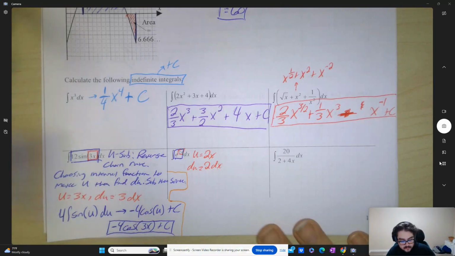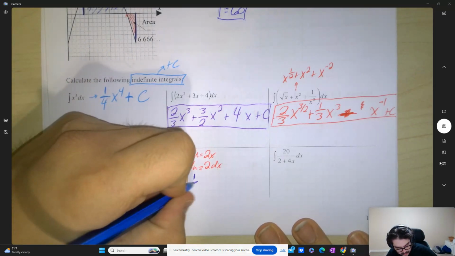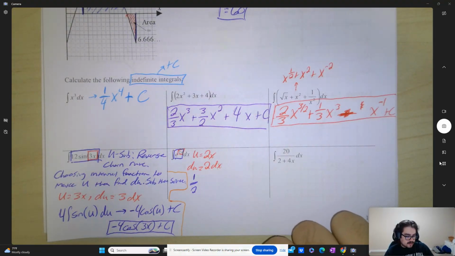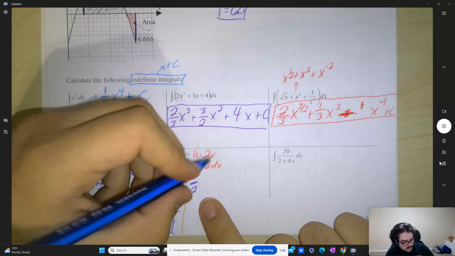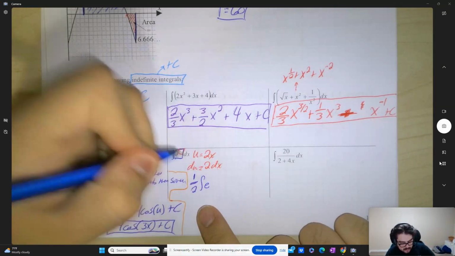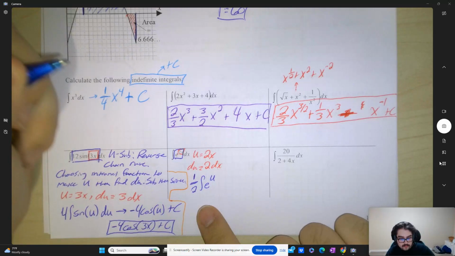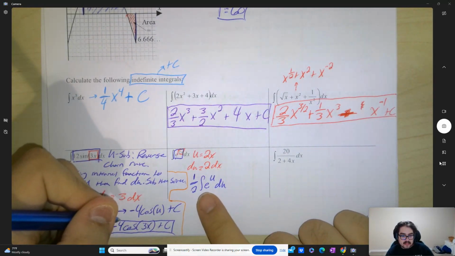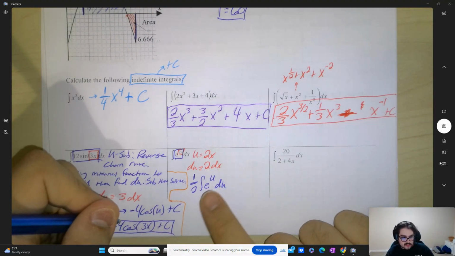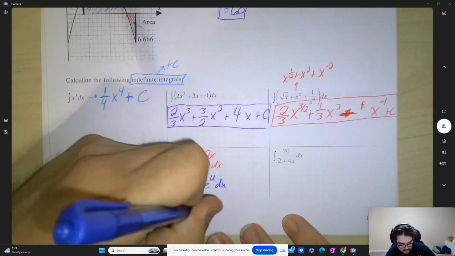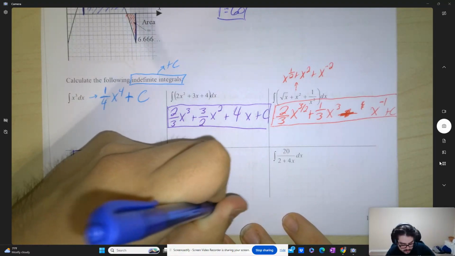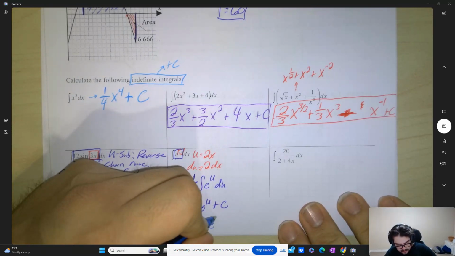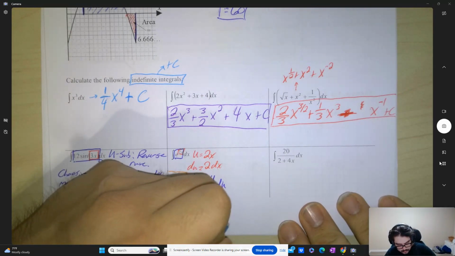When I plug everything back in, it's 1/2 of the integral of e to the 2x, and I'm just going to rewrite it as u, du. The integral of e to the u is just e to the u. So this is going to be 1/2 e to the u plus c. And then you replace the u. It's 1/2 e to the 2x plus c. That's it.